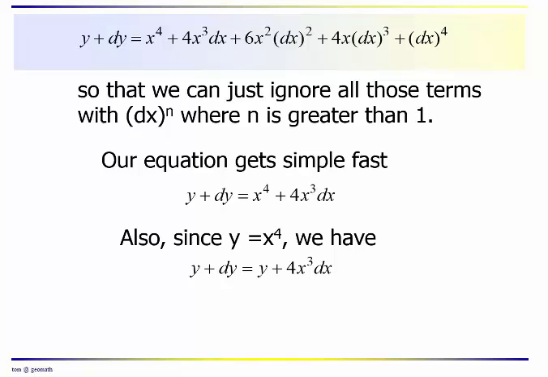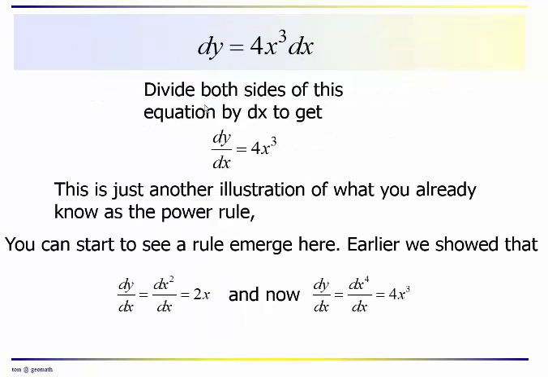Now, since y is equal to x to the fourth, we know that these y's are going to cancel out. We have an x to the fourth there, an x to the fourth here. We end up with dy is equal to 4x cubed dx. Okay, so now we're going to divide both sides of this expression by dx, so that we get dy/dx is equal to 4x cubed.